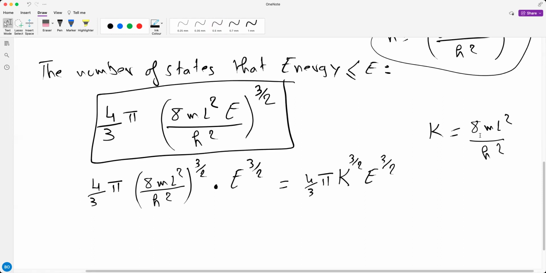Okay, this is a constant. Okay, so this is the energy or the number of states that have energy between 0 and E.